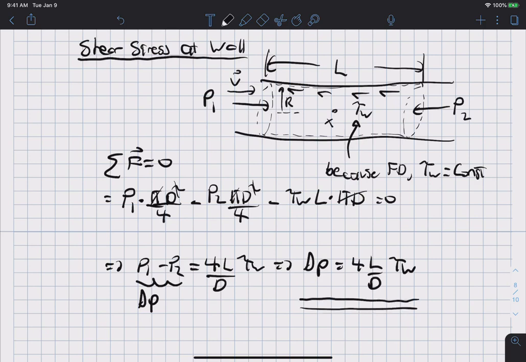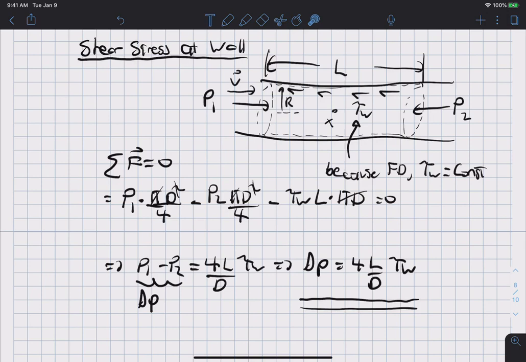And so that is really what we were after here, is this pressure drop. Because we're going to be analyzing piping systems, and we might have a very long pipe, and we want to figure out how much pressure drop is going to occur, which is going to dictate the size of the pump and things like that we are going to need to do.